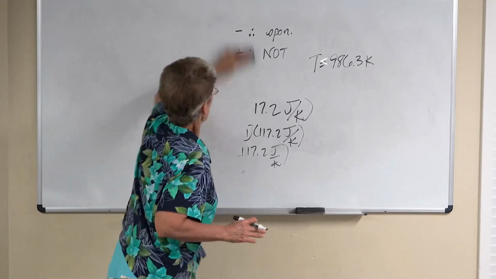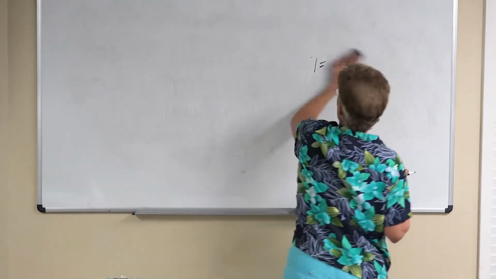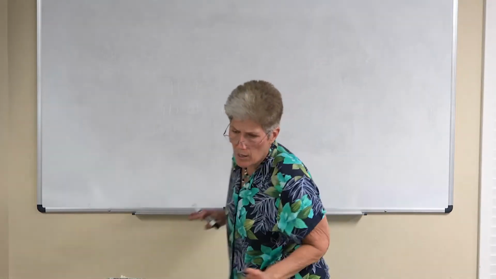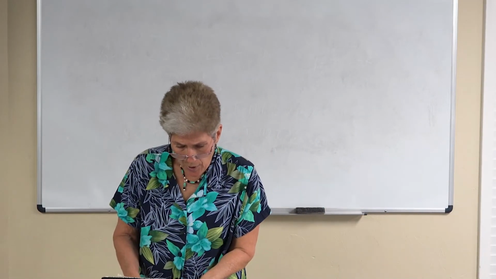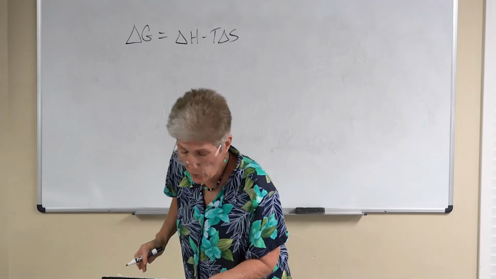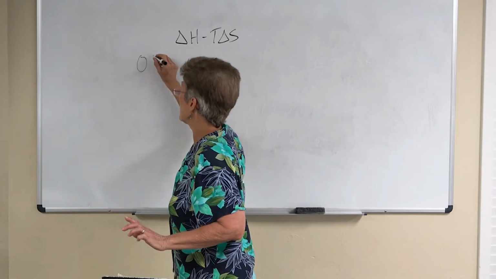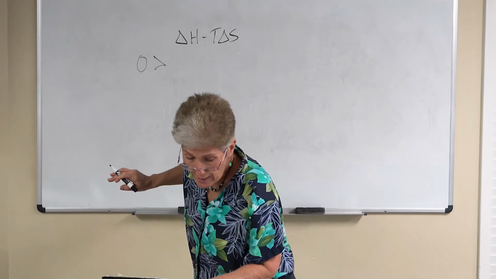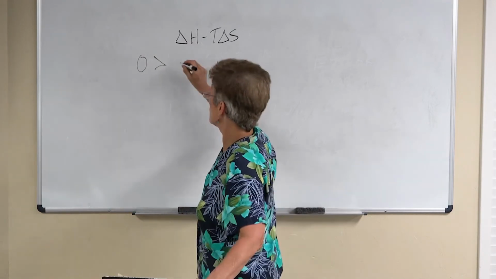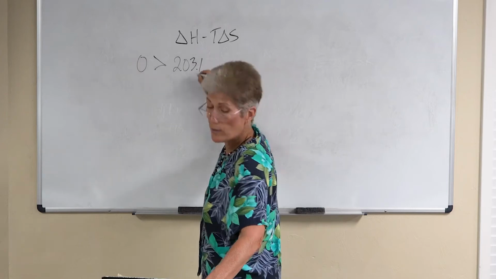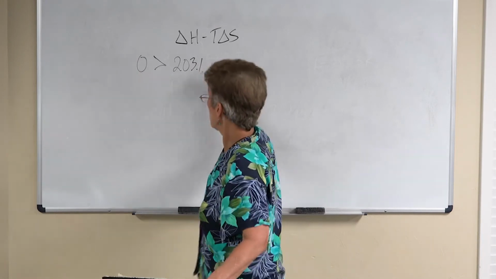Let's do the other one that we had to figure out, which was C. And so here we want it to be spontaneous again, so we're going to make this whole thing less than 0. The delta H for this one is 203.1 kilojoules.